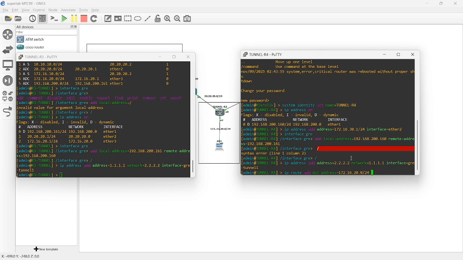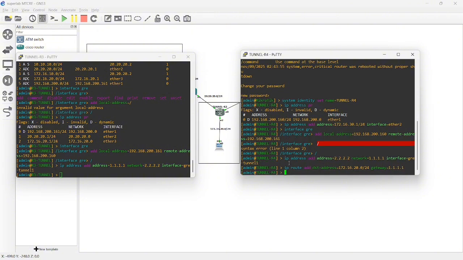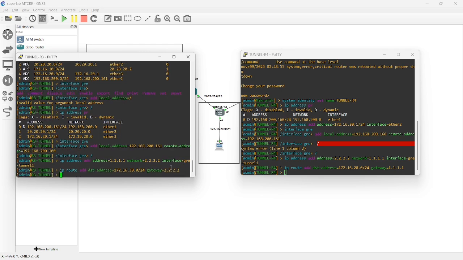We add the slash 24 and the gateway is 1.1.1 and same in the reverse. IP route at destination address and IP for IPR4 is 30 at slash 24 at the gateway is 2.2.2.